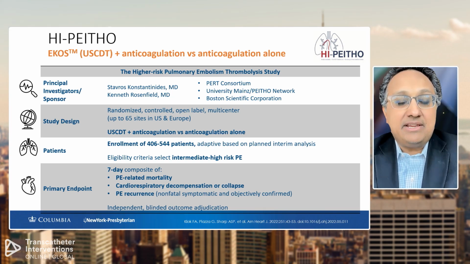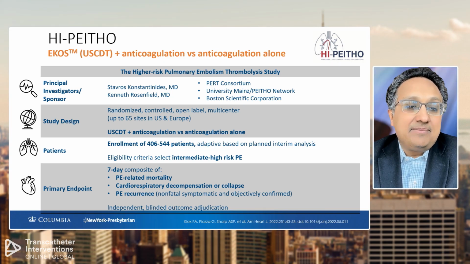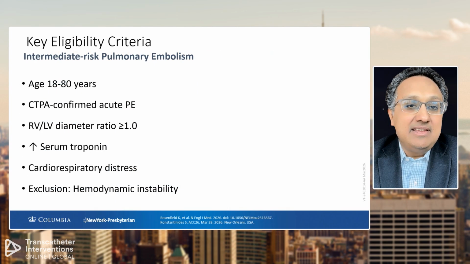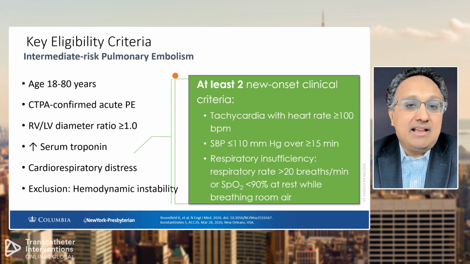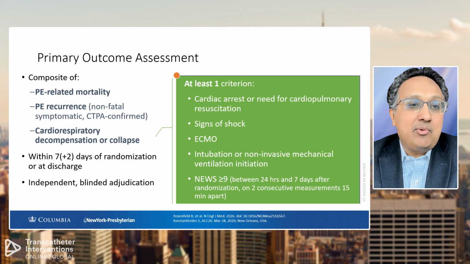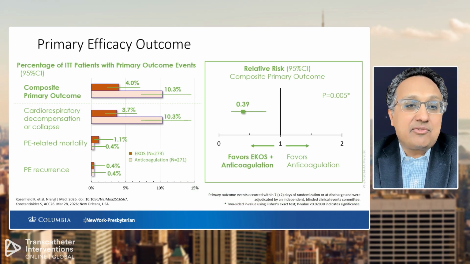And then just a few weeks ago at the ACC meetings, the HI-PEITHO data were presented by Stavros Konstantinidis in a very large randomized controlled trial comparing EKOS versus anticoagulation. It demonstrated that using catheter-directed thrombolysis compared to anticoagulation clearly and significantly reduced the primary endpoint, which was a composite of mortality, recurrence, and decompensation in the first 7 days, that critical window after initial presentation and therapy.